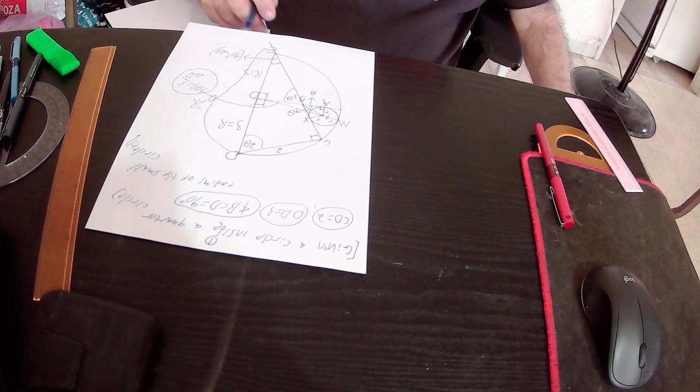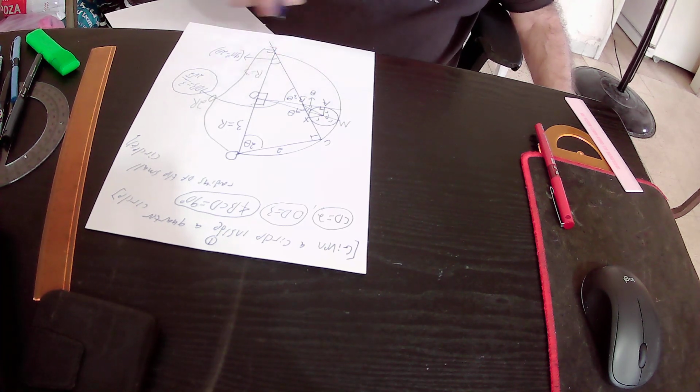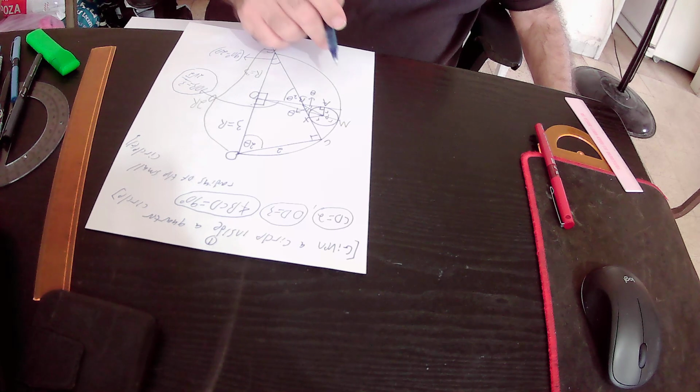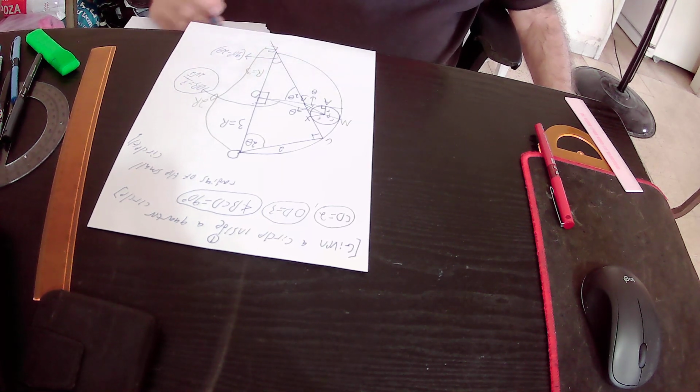But what is the value of AP? From the drawing you can see that AP equals small r. So AP square is r square, plus AO square equals PO square.